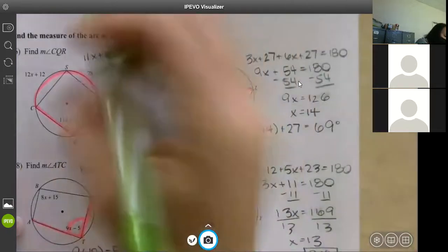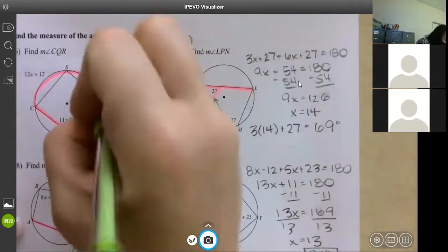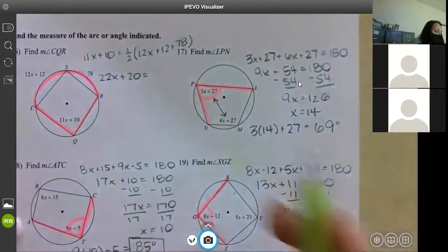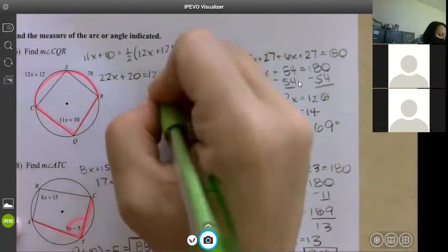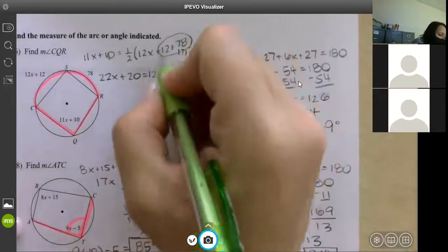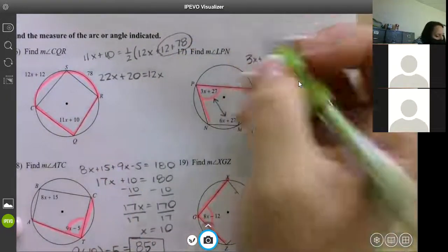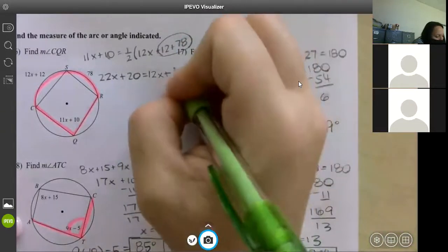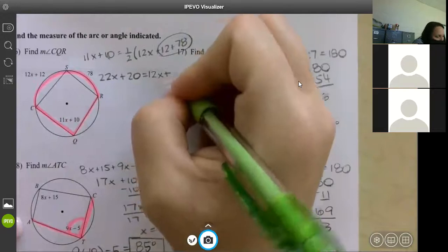We multiply by 2 to get rid of that 1/2. So 22x plus 20 equals, and I'm going to go ahead and put these together, 12x. What is 12 plus 78? 90.